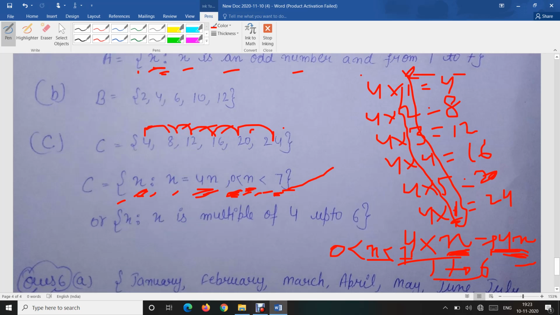We can also write it in the set builder form as set of all x such that x is a multiple of 4, up to 4 times 6, meaning 1 to 6, because 4 sixes are 24. So this was the set builder form.